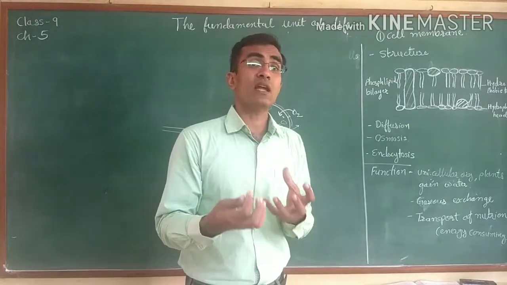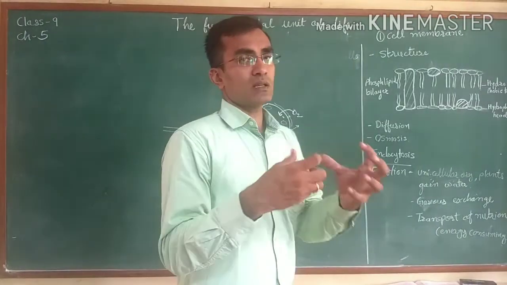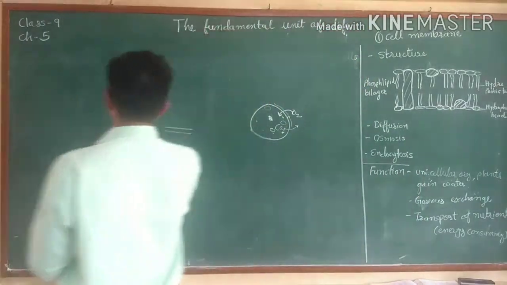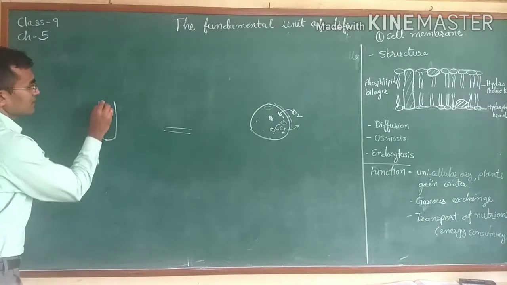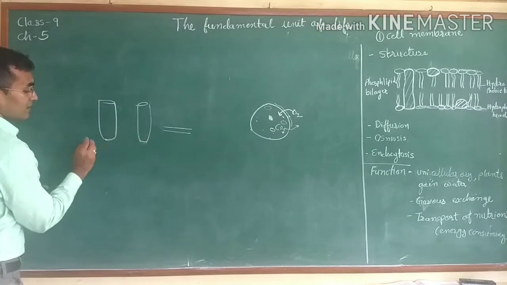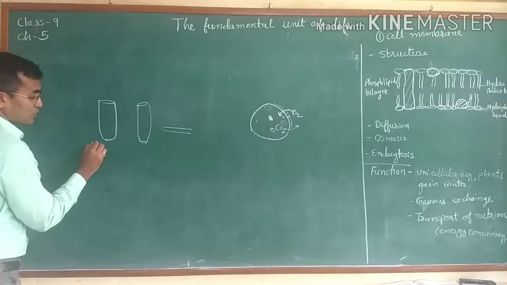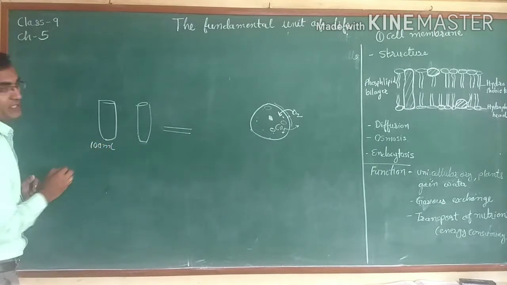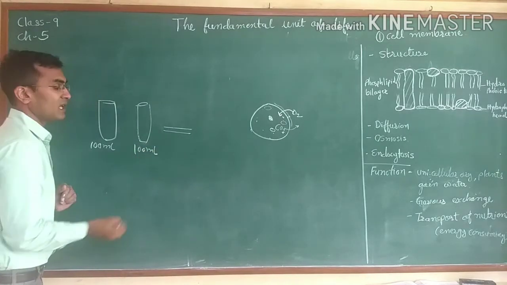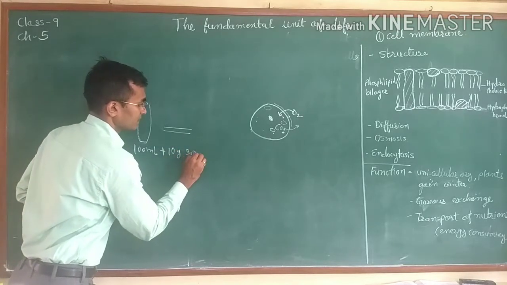What is the concentration now? Water concentration. Suppose we make a solution. Suppose this is a beaker or glass, or a tube. Here in this flask, we take 200 ml of pure water. In the other, we have 200 ml of pure water plus 10 gram of sugar.